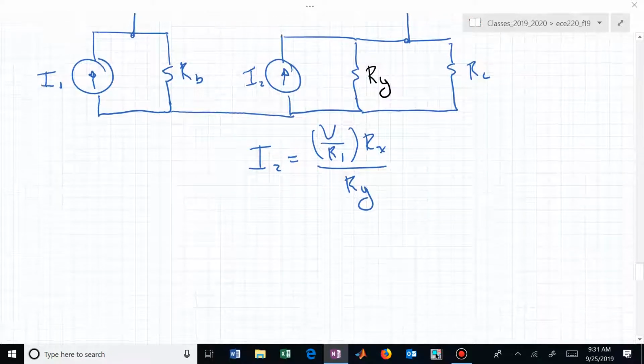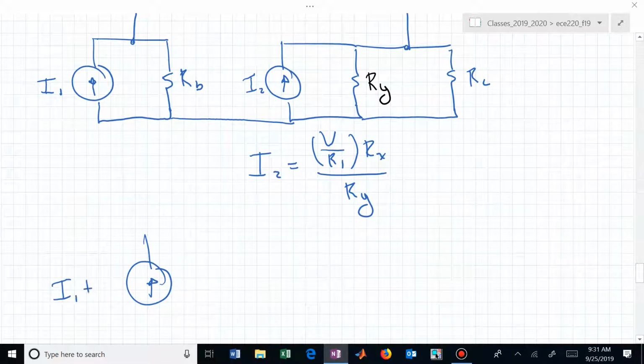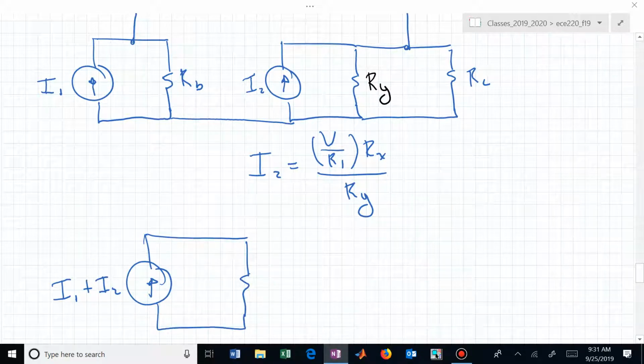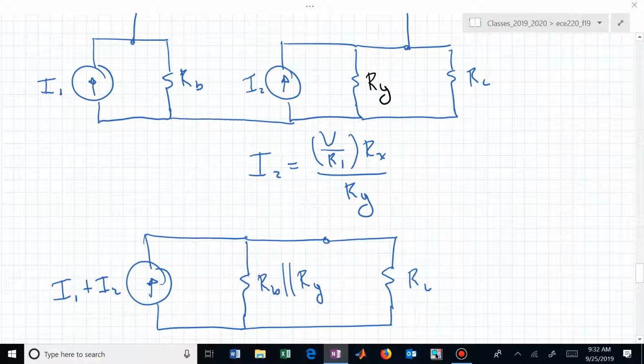So I now have I1 plus I2, and what is this resistor? This is now R sub B in parallel with R sub Y.